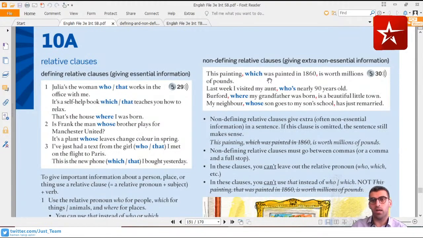So before it we must use a comma in order to show that it is a non-defining relative clause. And a non-defining relative clause must go between commas, or a comma and a full stop. Like if it comes at the end of the sentence, here we must use a comma and then a full stop.